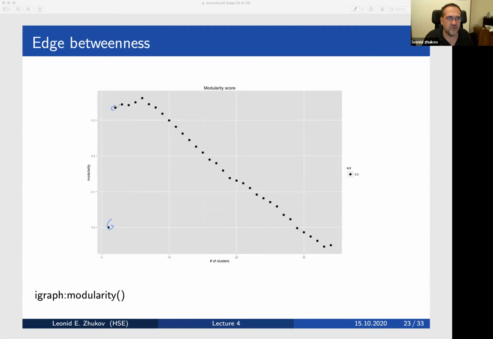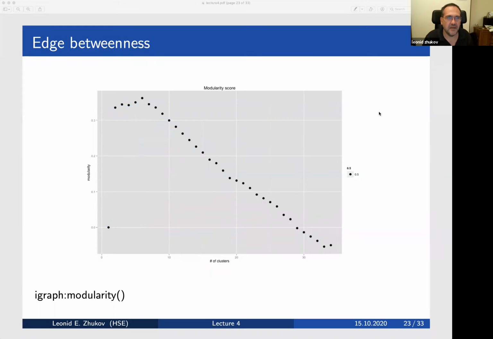When we split it into two clusters, this is the value of the score. 3 clusters, 4 clusters, 5 clusters. The modularity metric says that 6 clusters give us the highest value of modularity. And after that, if we keep splitting, modularity is dropping. So the optimal number of clusters for this graph is, I think, 6, right? So there's 1, 2, 3, 4, 5, 6, okay? According to that metric, 6 is optimal.